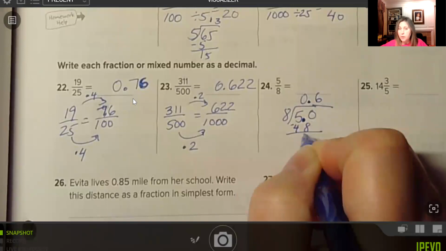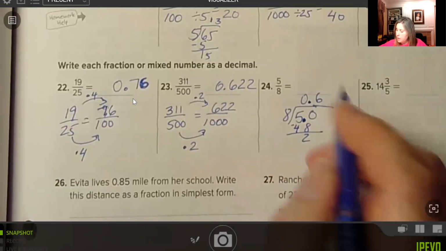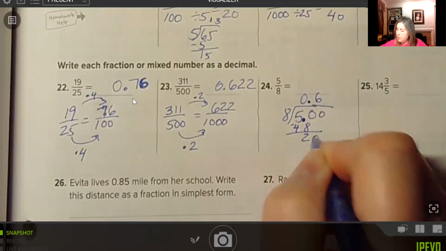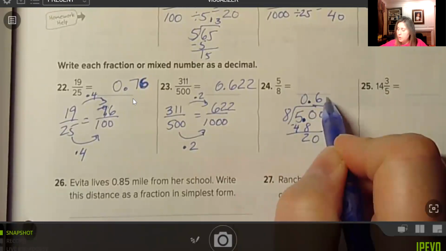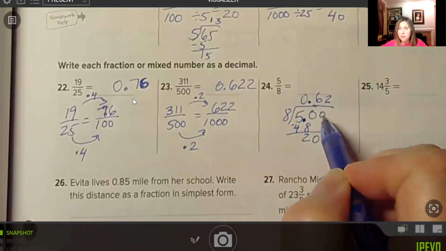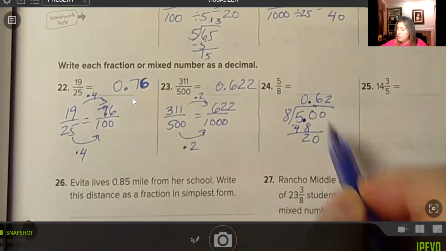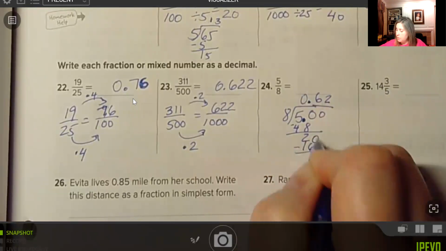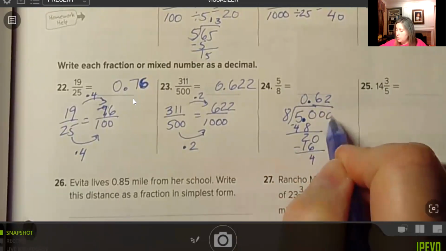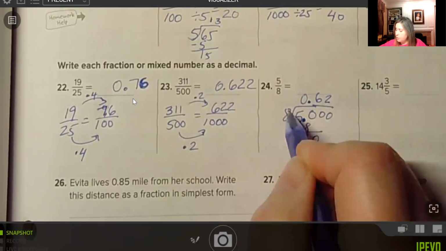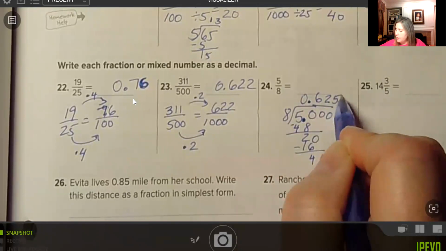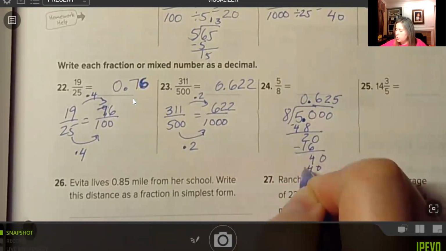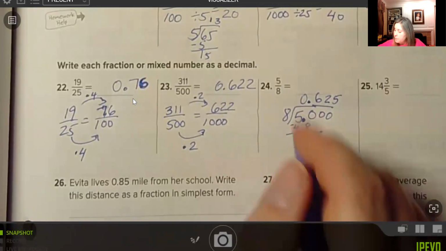We subtract and we get 2. Annex a 0 and bring it down. 8 can go into 20 2 times, so we write the 2 above that 0 that we just annexed. 2 times 8 is 16. We get 4, annex another 0, bring it down. 8 goes into 40 5 times, and then we're finished. So 0.625.